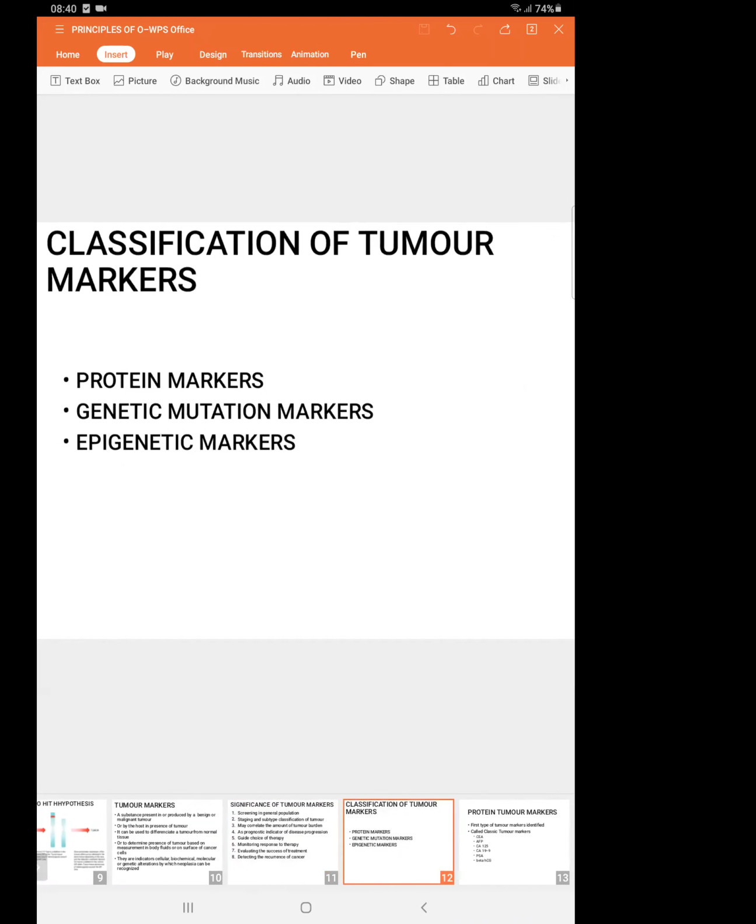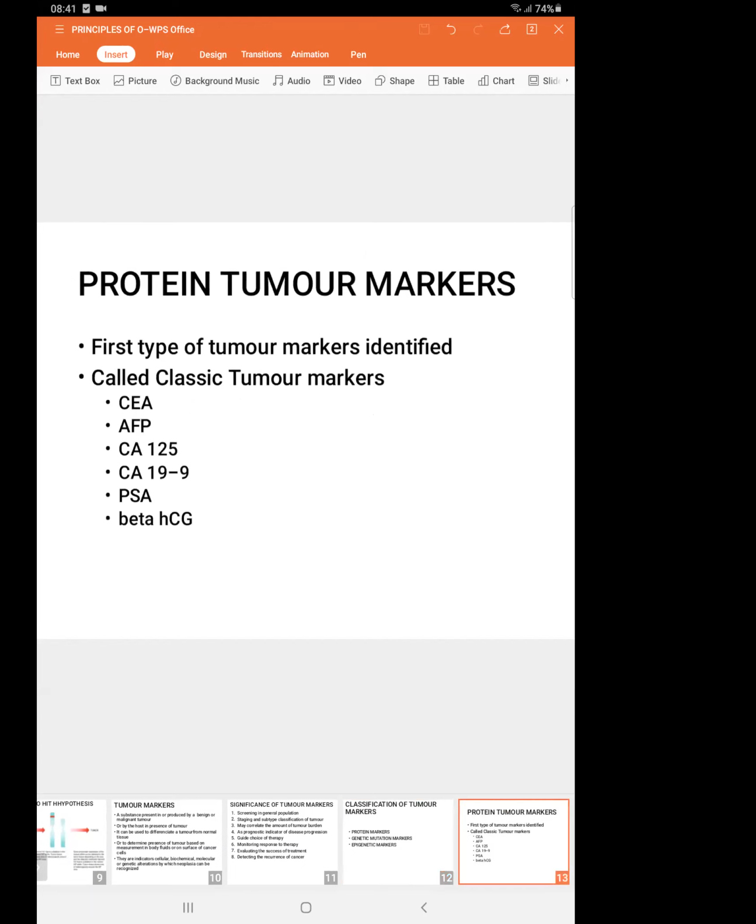Tumor markers can be classified according to various types. Here I have classified them according to protein markers, genetic mutation markers, and epigenetic markers. Protein markers are widely used. They are the first type of tumor markers that have been identified, and so they are also called classical tumor markers.